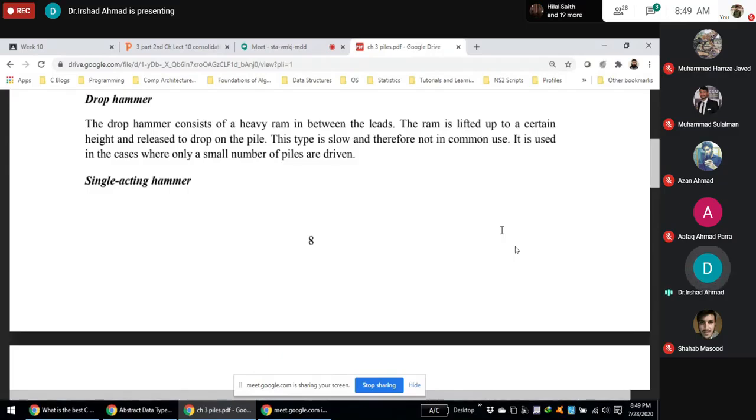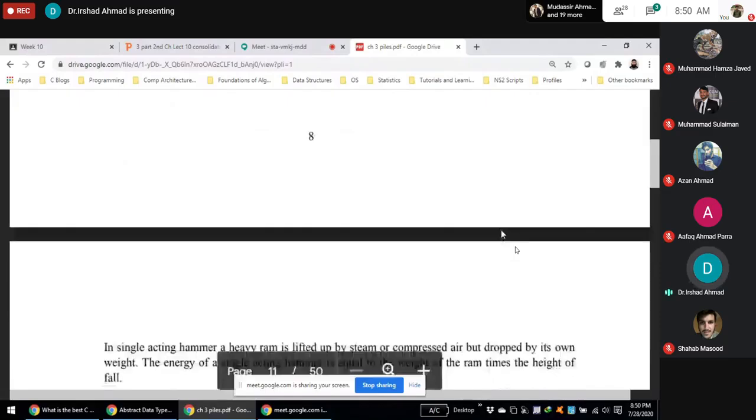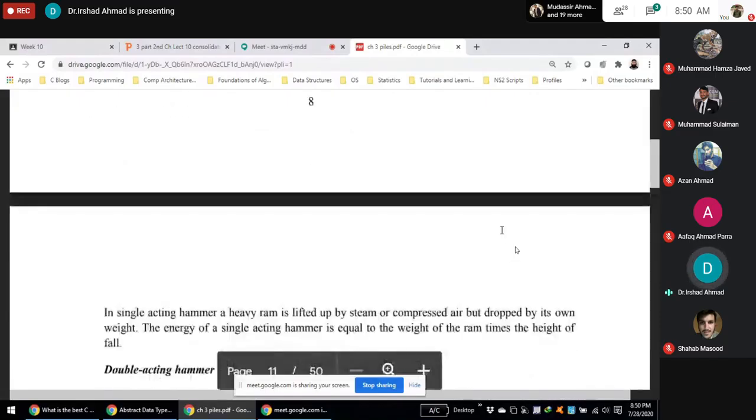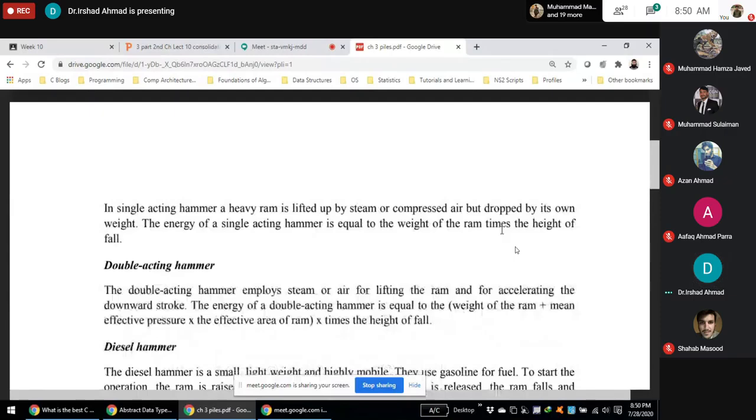You have a hammer, you drop it from some distance on the pile, right? And it results in the penetration of the pile into the ground. That's called drop hammer. Single acting hammer is an advancement to the drop hammer in which you have steam or compressed air to lift the hammer up, and once it reaches the peak point it drops from there on a free fall, right?